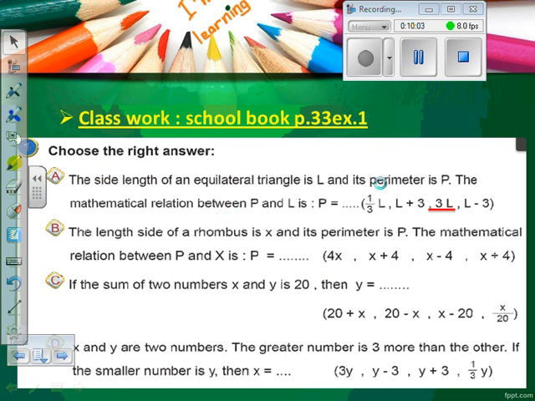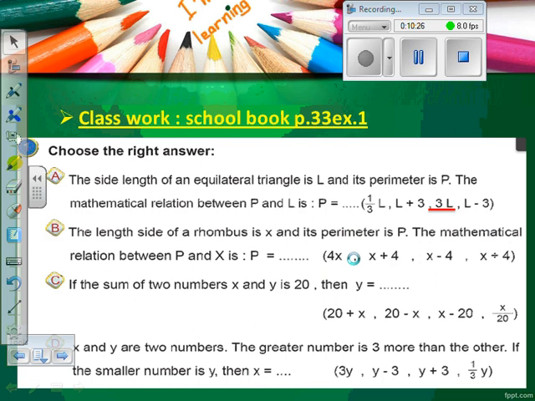Letter B. The side length of a rhombus is X and its perimeter is P. The mathematical relation between P and X is... In the rhombus, we know that the four sides are equal, like the square.